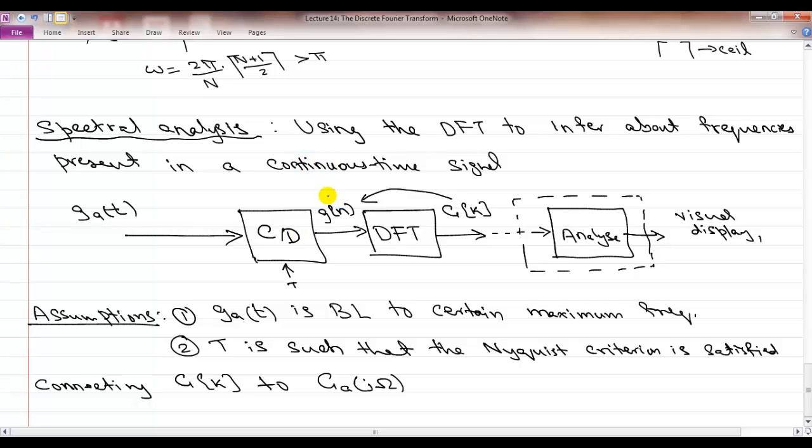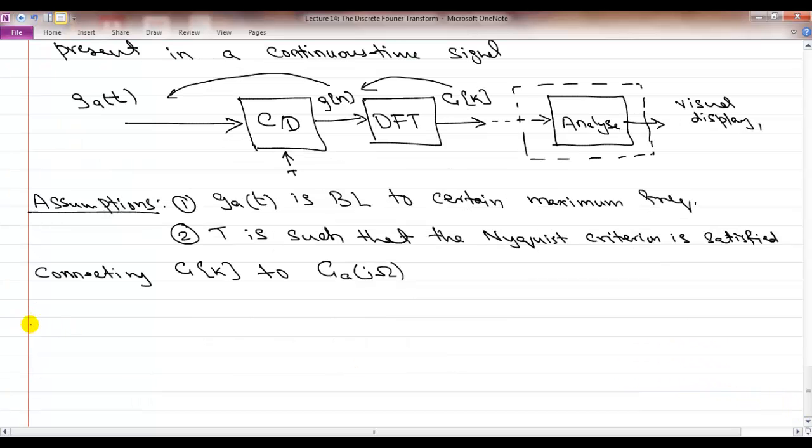And the next thing you need to do is connect g[n] to g_a(t). That we have done in previous classes. We know the relationship between the discrete time Fourier transform of the sample of a signal and the continuous time Fourier transform. So to connect G[k] to G_a(jω), all we have to do is connect these two blocks together.